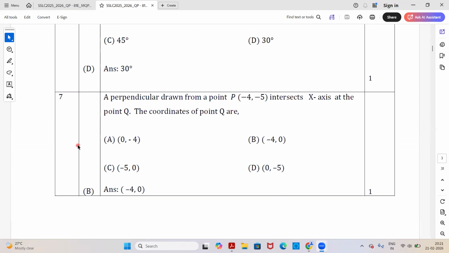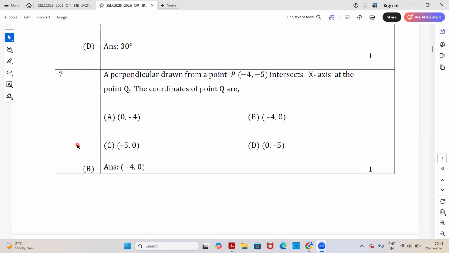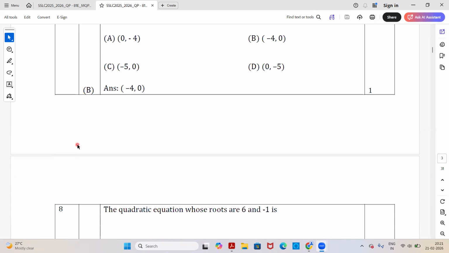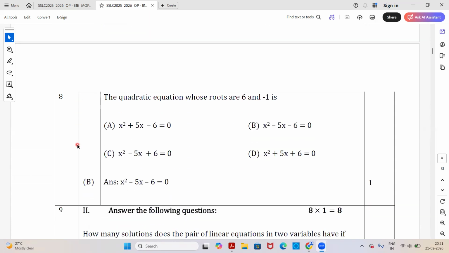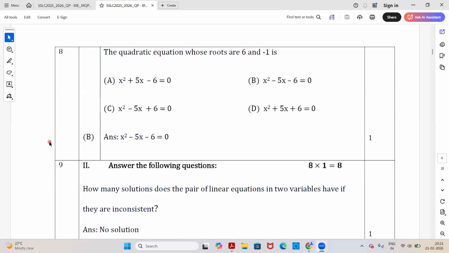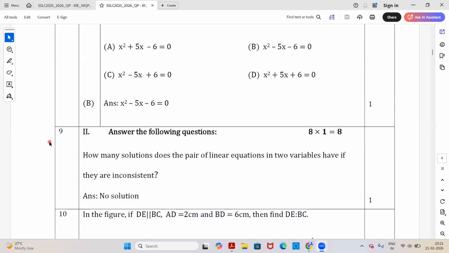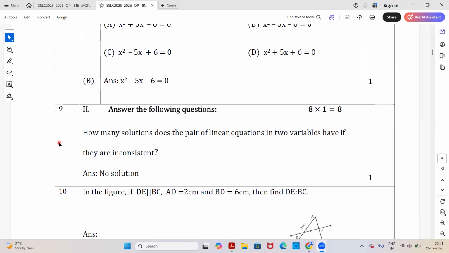Next, for the 7th one, option B is the answer. And for question 8, option B again is the right answer. So this completes your first one, multiple choice question. We'll continue with the answer the following question.